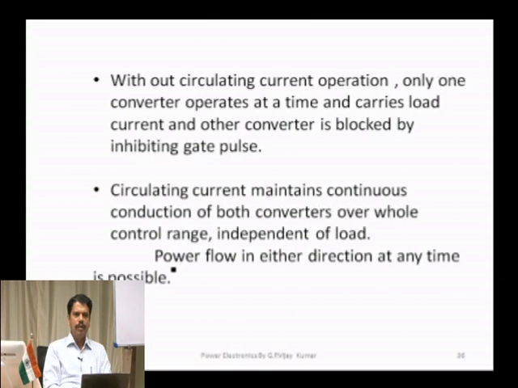So, dual converters work in 4 quadrants. Converter 1 can work in rectifier mode, inverter mode, converter 2 rectifier mode, inversion mode. So, that we have a 4 quadrant operation. In quadrant 1 operation, both voltage and current are positive.